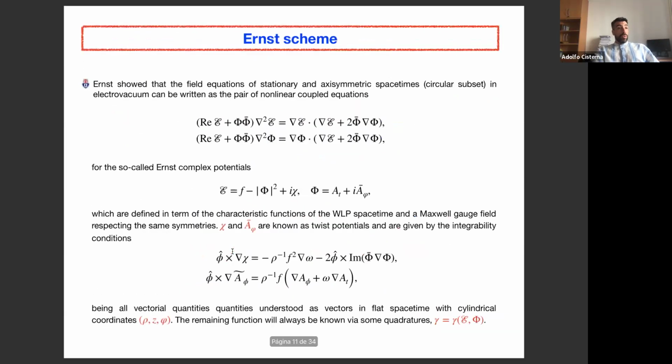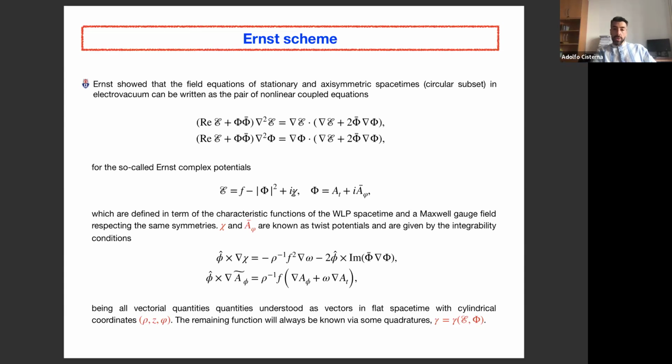Ernst has shown that you can rewrite this system of equations I showed you before in the manner I am showing you now, where you define these two complex potentials: epsilon, which is a complex potential of gravitational origin, so it deals with gravity, and this complex potential Phi, capital Phi, which deals with the electromagnetic configuration, okay?